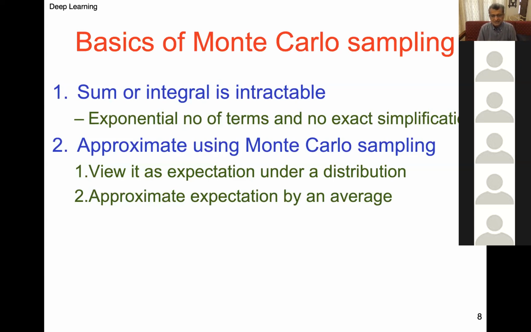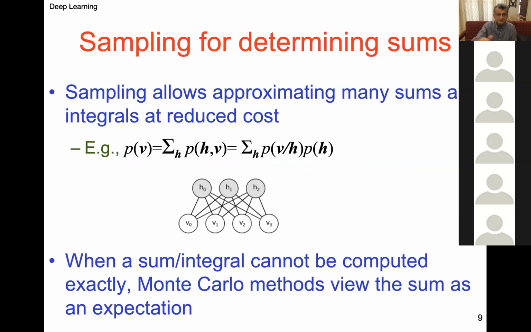So when we are looking for an approximation, we can view it as an expectation under a distribution, and an expected value is approximated as an average. The expected value of x is mu, and mu is approximated by the sum of the samples, or the average of the samples.